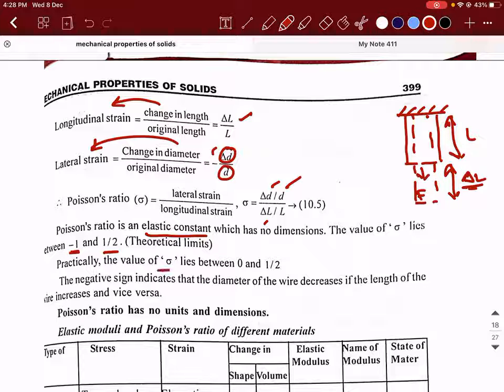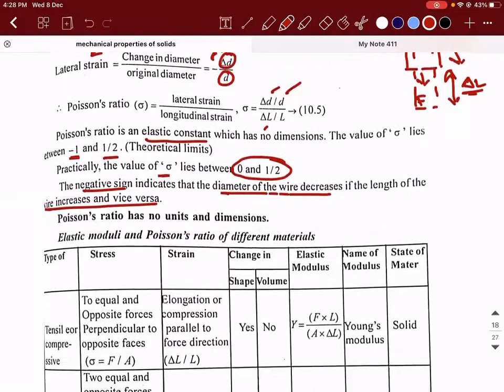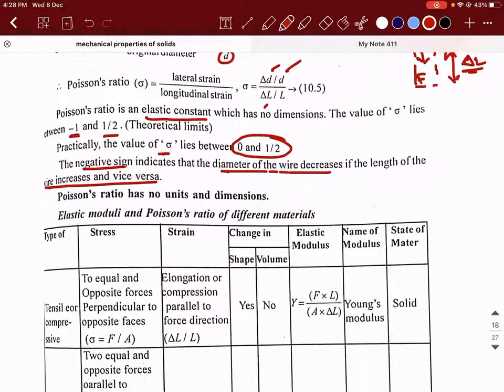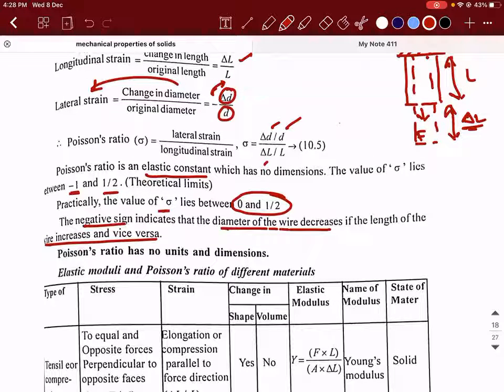So practically, sigma lies between 0 to half. I'm hoping that you would have understood what the negative sign indicates. The negative sign indicates that the diameter of the wire decreases if the length of the wire increases, and vice versa. Right, guys? Any doubt? So this is all about Poisson's ratio.